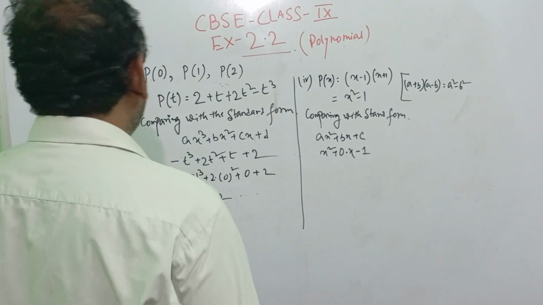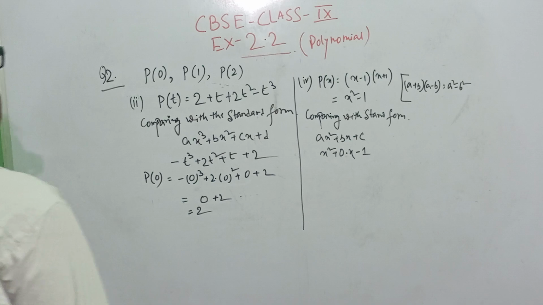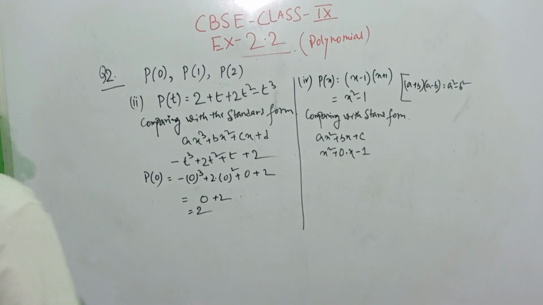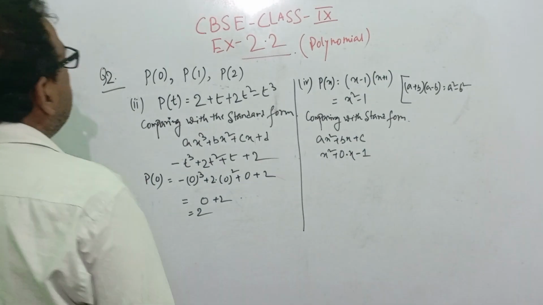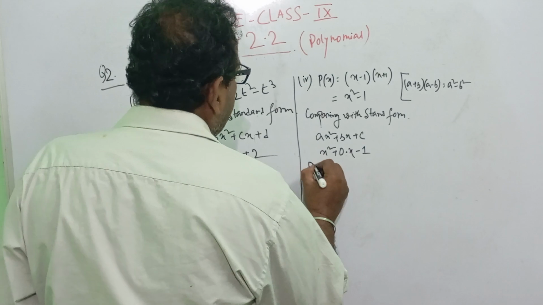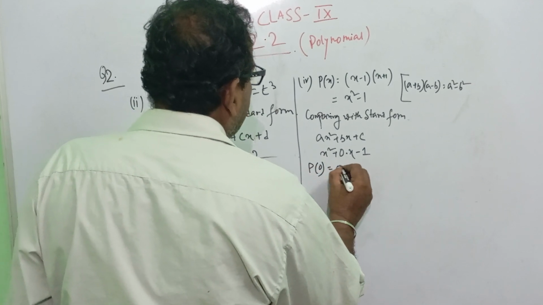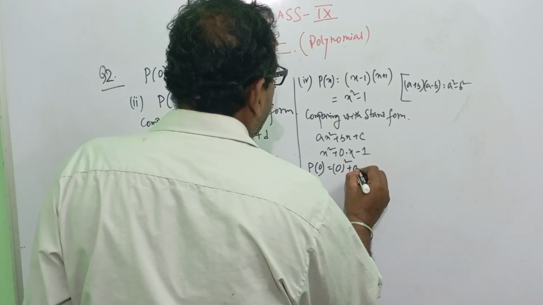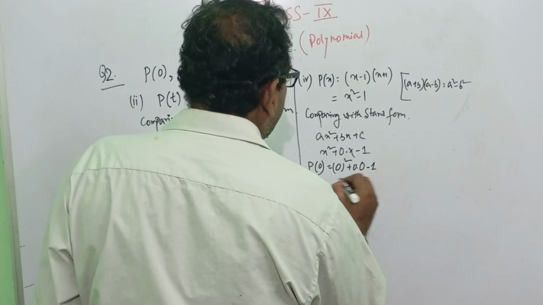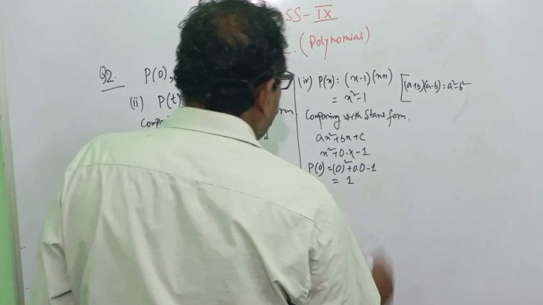Now for the first case, what we do that? p0 is equal to 0 square plus 0 into 0 minus 1, that is minus 1.